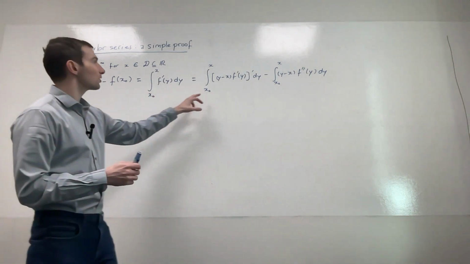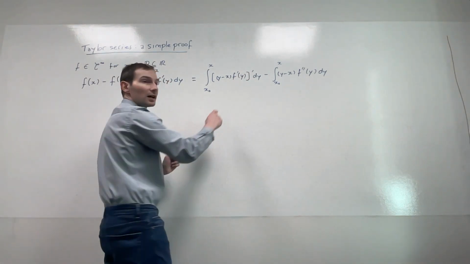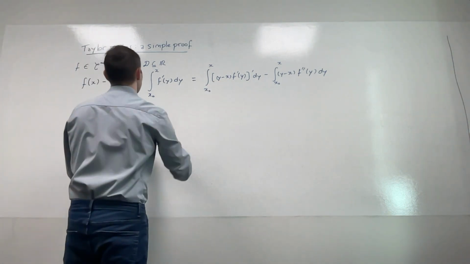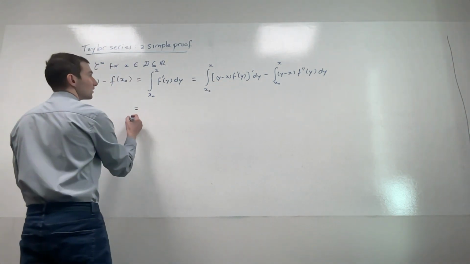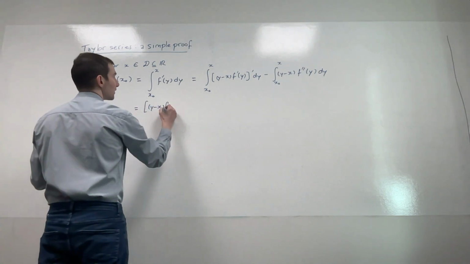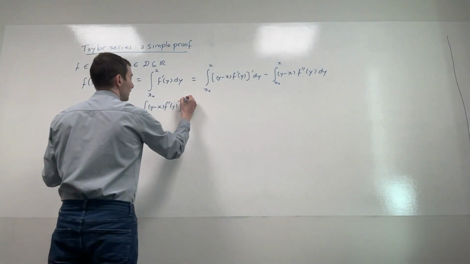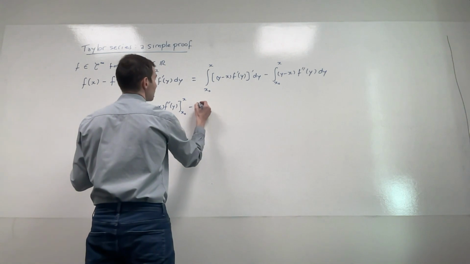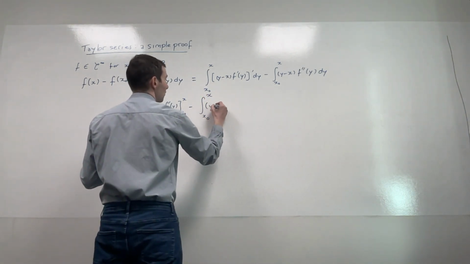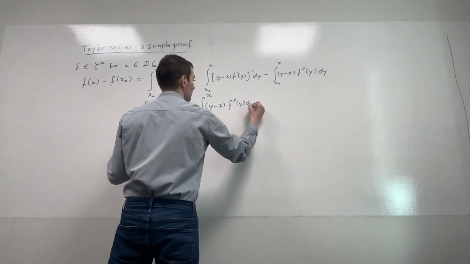So let's continue. I just need to evaluate this. Now, because this is a straight derivative, I can use the fundamental theorem of calculus, and I simply get that I need to evaluate the expression in brackets here. So y minus x, and then f prime of y, from x0 to x, and then minus this integral here, x naught to x, y minus x, f second y dy.